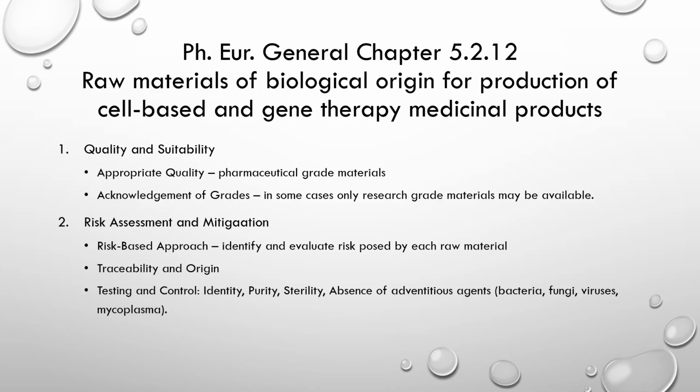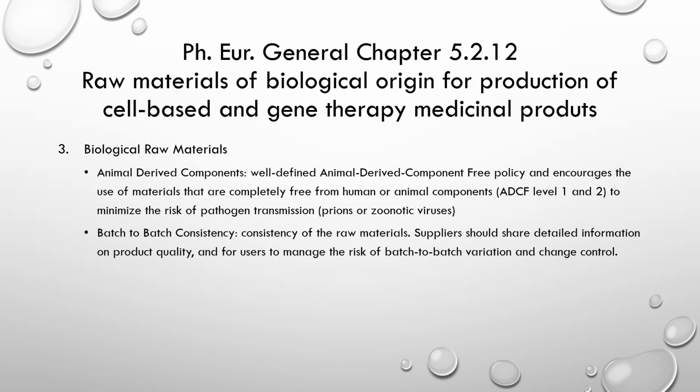Then your testing and control: these are the typical tests that you would need to do for critical quality attributes. So identity, purity, sterility, absence of adventitious agents such as bacteria, fungi, viruses, and mycoplasma. Your biological raw materials, any animal derived components, tend to be used because of their specific properties and characteristics.